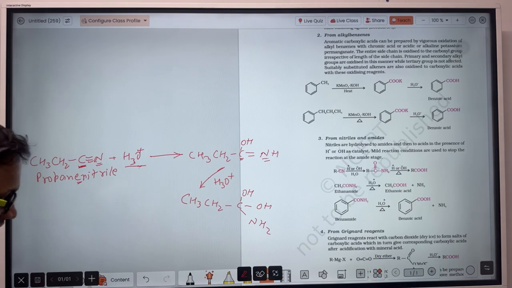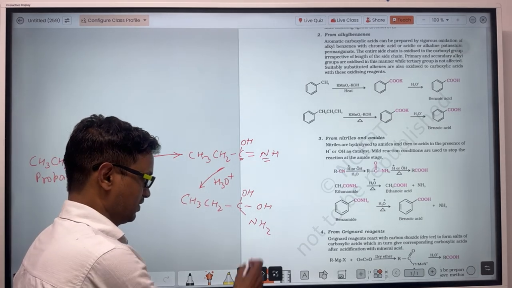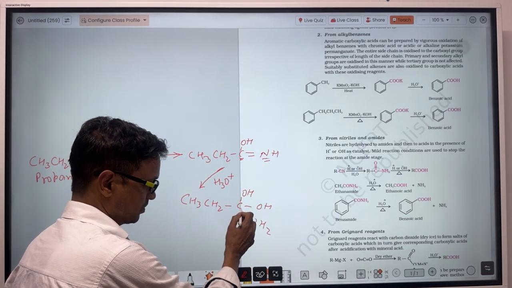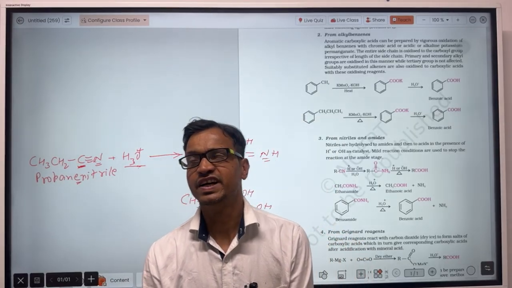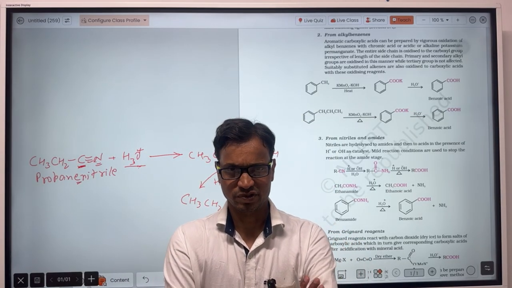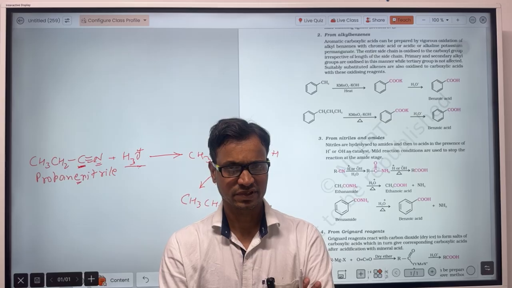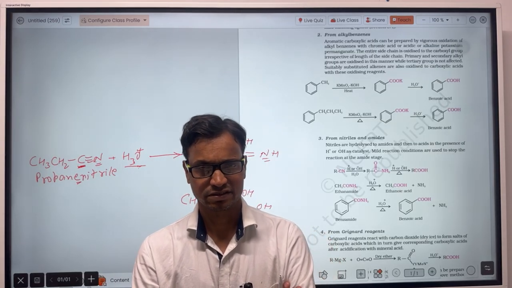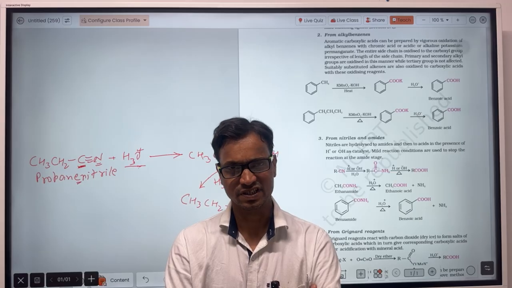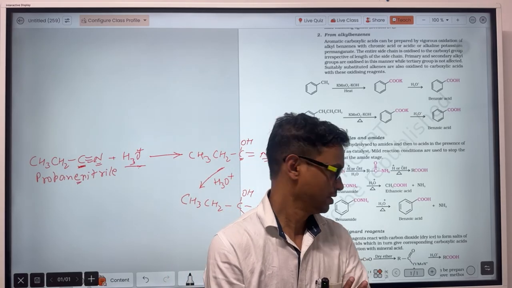You are already familiar that when there will be two OH groups bonded to the same carbon atom, that compound will be unstable and the hydrogen of one OH will combine with the other OH.